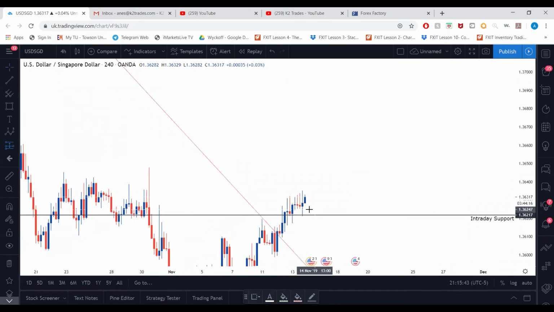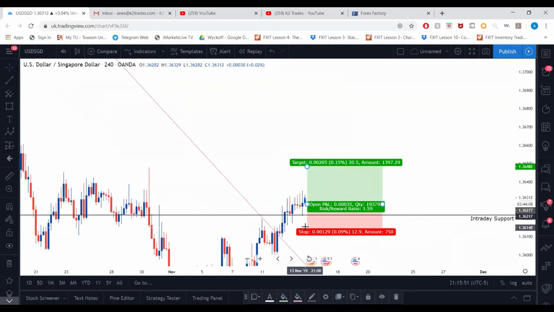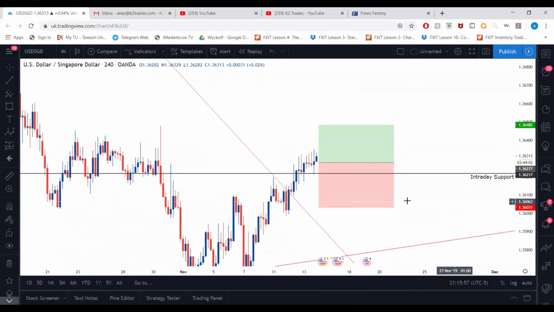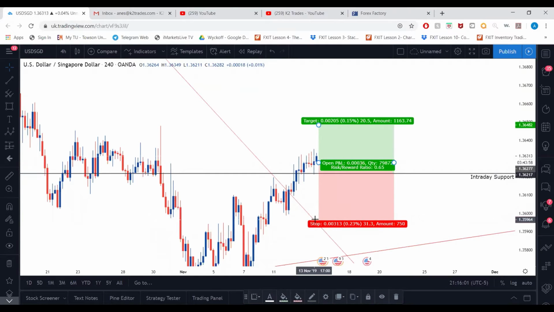So if I'm buying this, I would have maybe bought right there or waited for the retrace, and then my stop loss, actually we've got to increase it a little bit, give it room. I'll probably give it 35 pips.